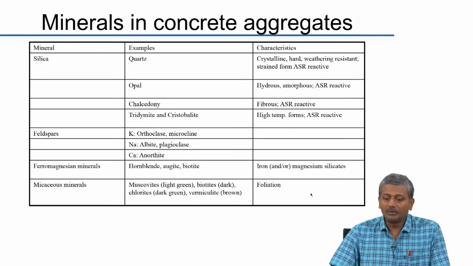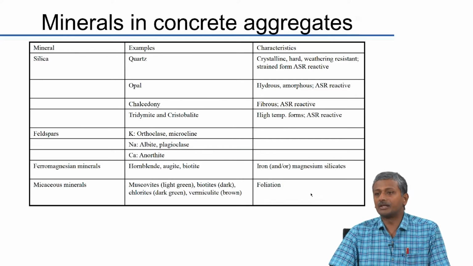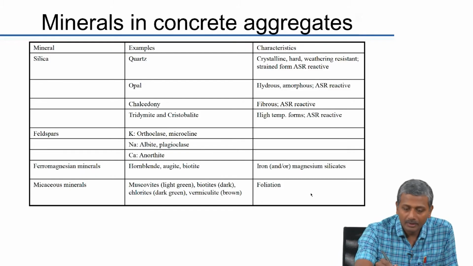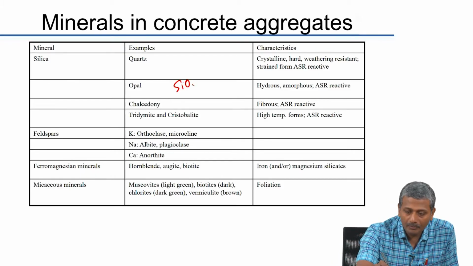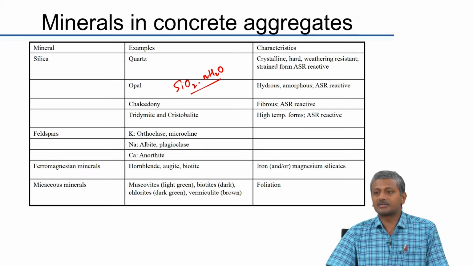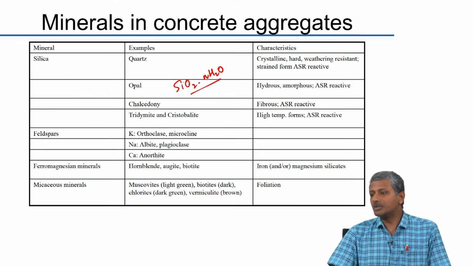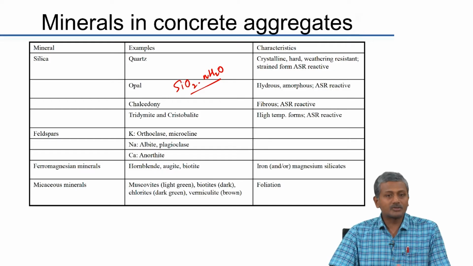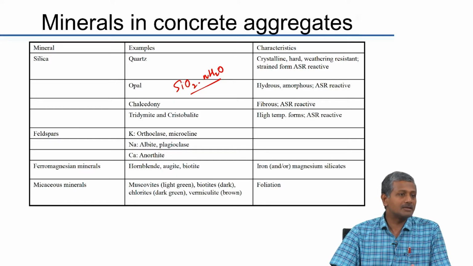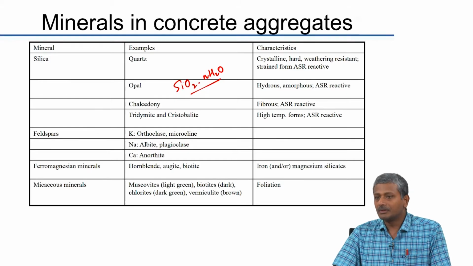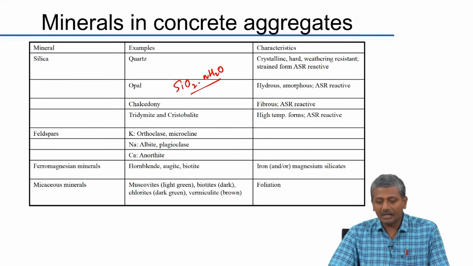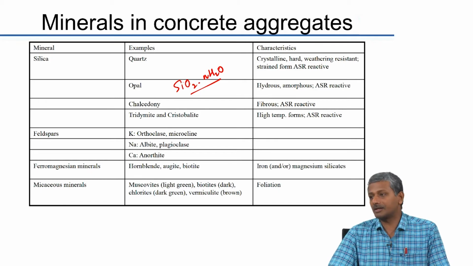Okay. Opal is a hydrous form of silica. It is written as SiO2 nH2O, that means it has got some waters which are bound within the structure of the silica, and because of this the ultimate structure of the opal becomes amorphous, and that leads opal to have a very high reactivity with respect to alkali-silica reaction.